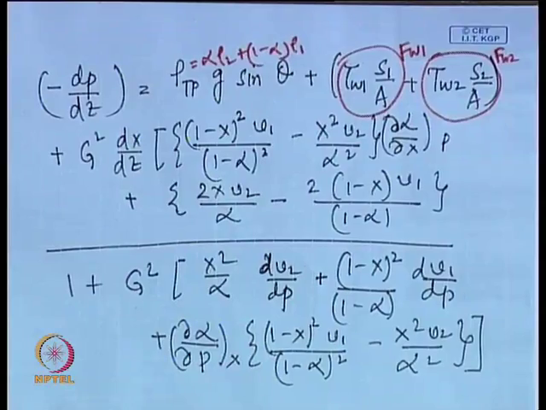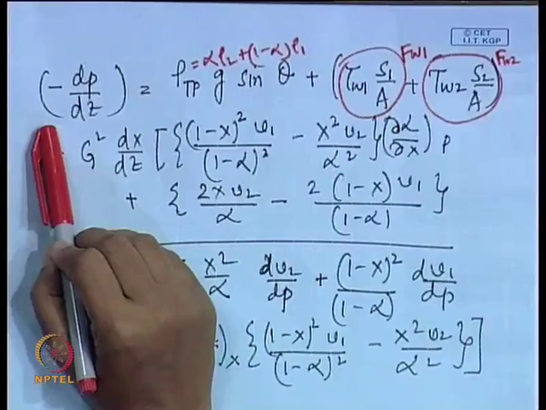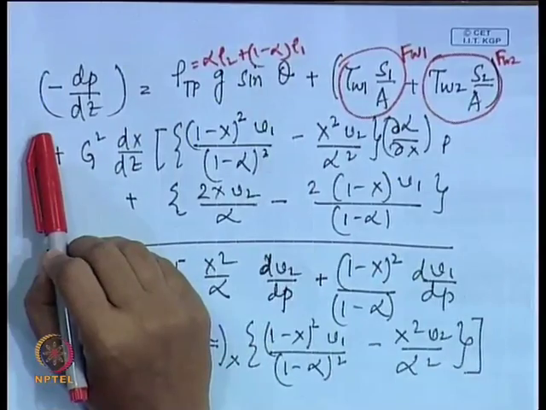Sometimes we find that the drag force is a function of the relative velocity, so depending upon the relative velocity, we can find out the drag force accordingly. Maybe the drag force is more important than the wall drag. So, depending upon the situation, we will be modifying it and getting a much more simplified expression from this generalized expression, from which we can calculate the pressure gradient when two phases are in separated flow conditions.